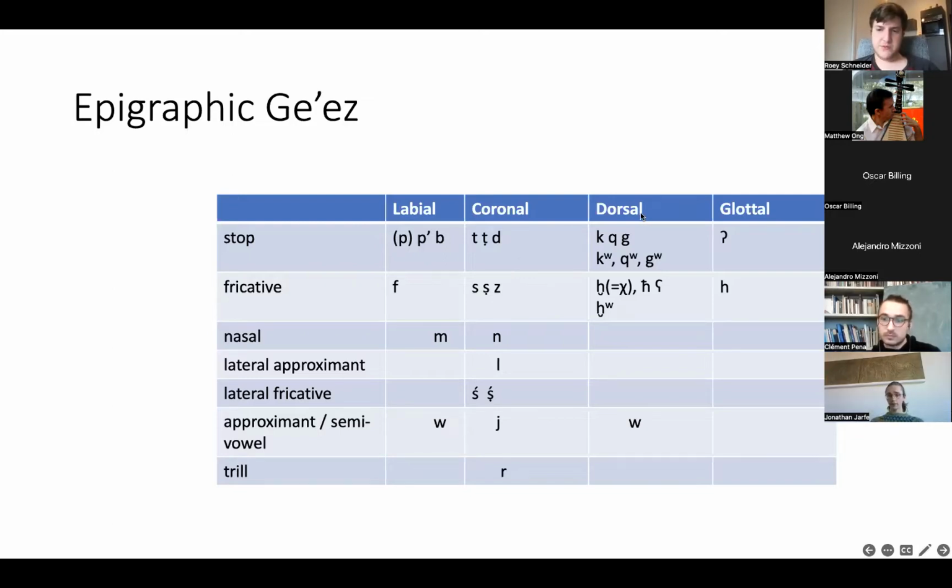And in the dorsals, we have an interesting feature, another interesting feature, which is what we call labial velars or labialized velar stops, and also a labialized uvular fricative. Qua, qua, gua, and khua. These do not exist outside Ethio-Semitic, or are not attested at all outside Ethio-Semitic, but it's very interesting.